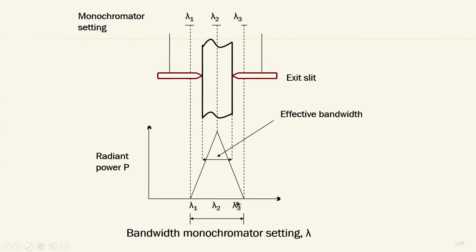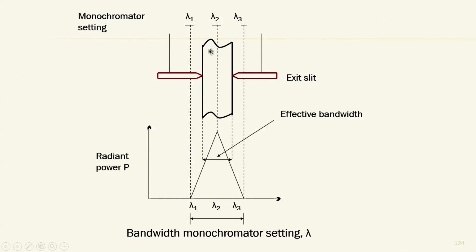Here at this point, this is another slit, okay. So, at this point at the edge lambda 1 is nil, lambda 3 is nil, only lambda 2, but somewhere around this I get lambda 1, lambda 2 and lambda 3, and the lambda 2 intensity would be very high. So, since I get all the 3 wavelengths corresponding to this radiation, that is known as effective bandwidth. Okay, this is my exit slit.